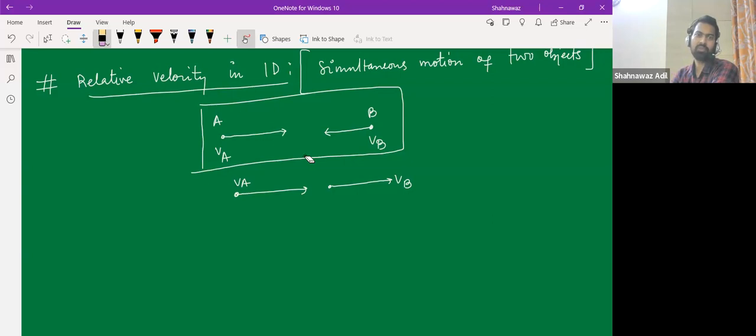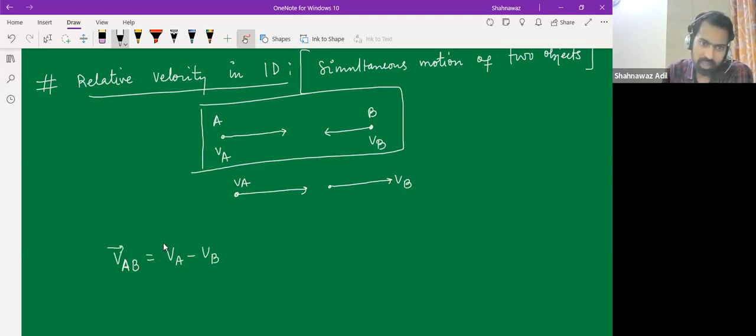So that is due to the relative velocity. Right. Relative velocity, what does it do? The relative velocity is defined as, let's say we are calculating the velocity of A with respect to B. So this is V_AB. Okay.